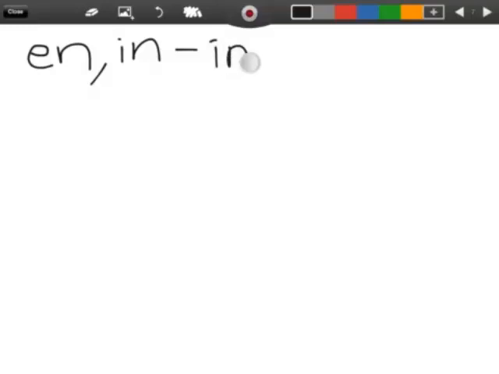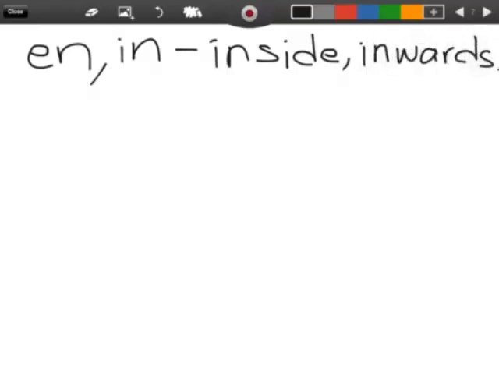Moving on to our next root is en and em. I'm going to go ahead and give you the definition for this root. It means inside, inwards. And I'm going to give you two examples.